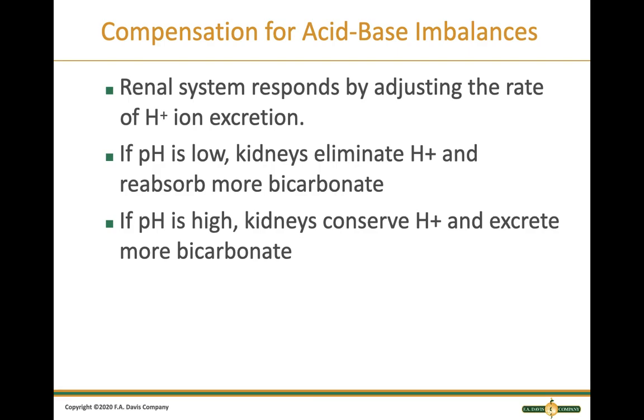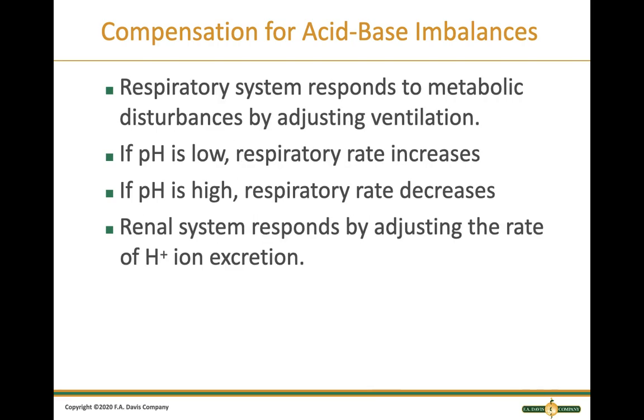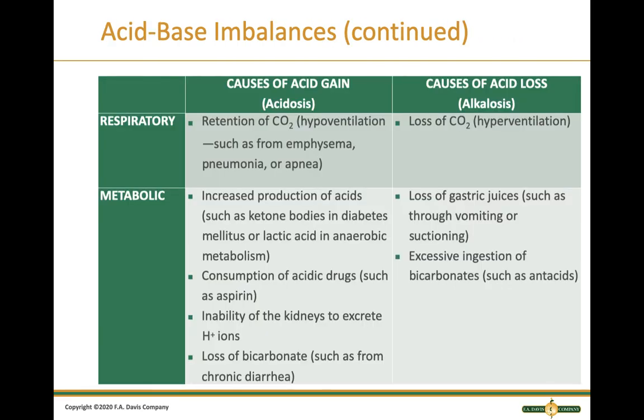So if our respiratory system is failing, such as from emphysema or something, and that's causing respiratory acidosis, then our kidneys will try to compensate for that by excreting more hydrogen ions and reabsorbing bicarbonate. So the respiratory and renal systems can compensate for each other and keep our pH in balance.